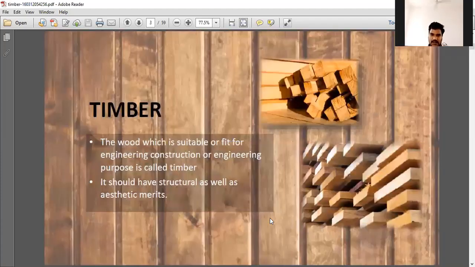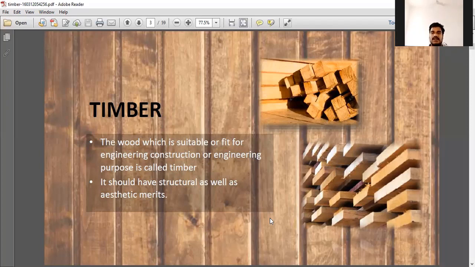Here you have a look: the wood which is suitable or fit for engineering construction or engineering purposes is called timber. So what is timber? The wood which is suitable or fit for engineering construction or engineering purpose.